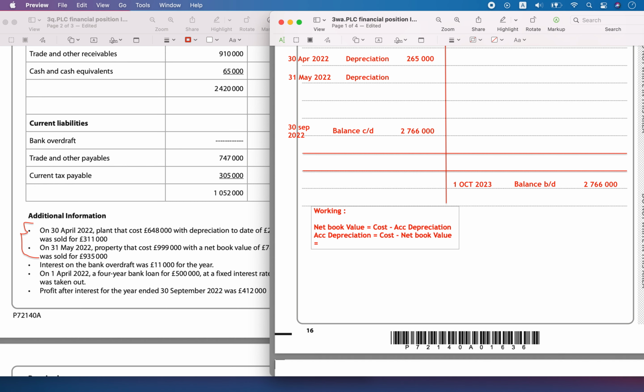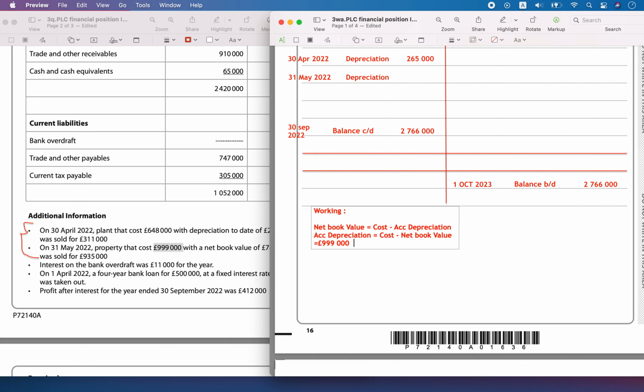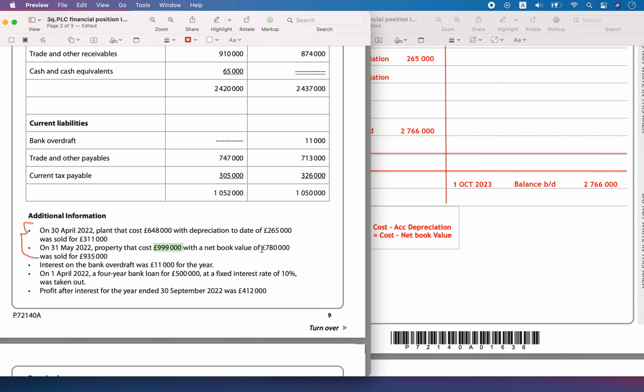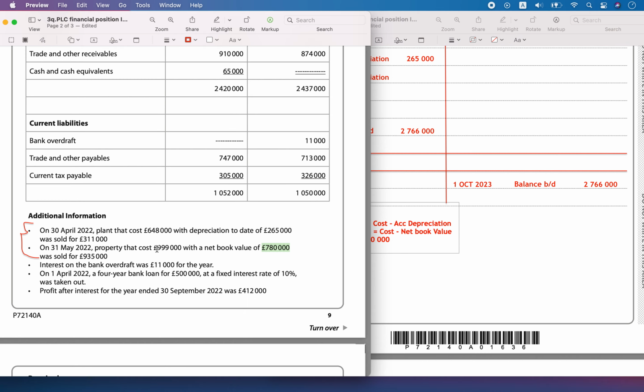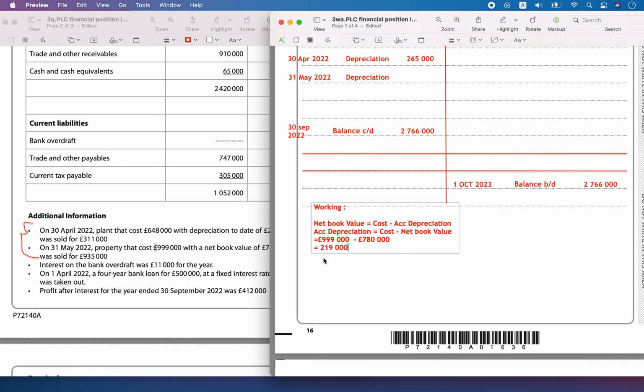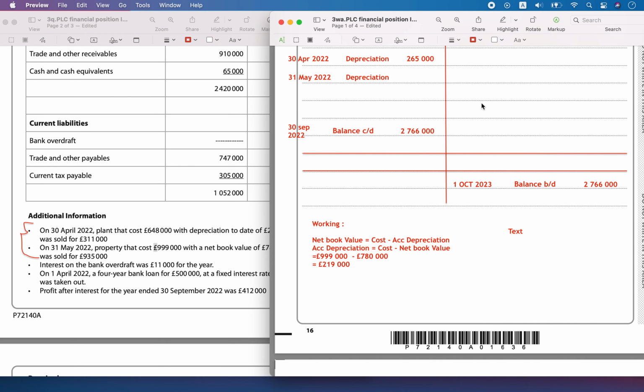The cost was 999,000 pounds and its net book value was 780,000, which gives us a depreciation amount of 219,000. That's the accumulated depreciation of the sold asset.